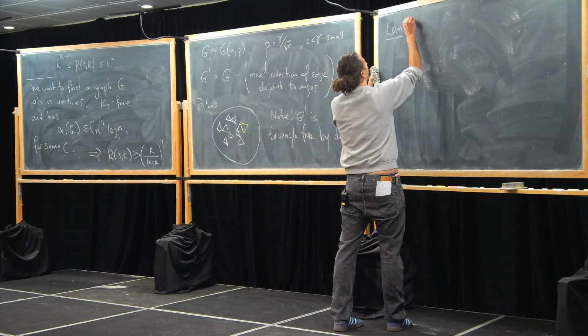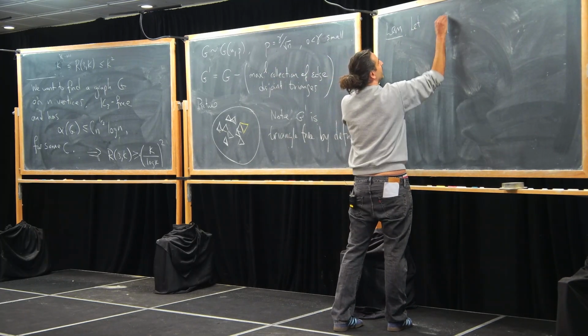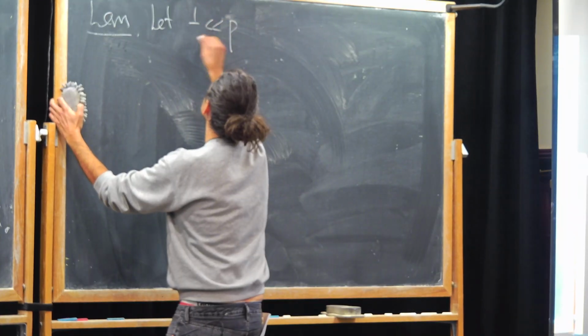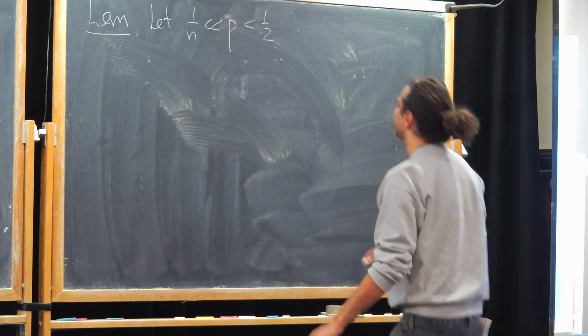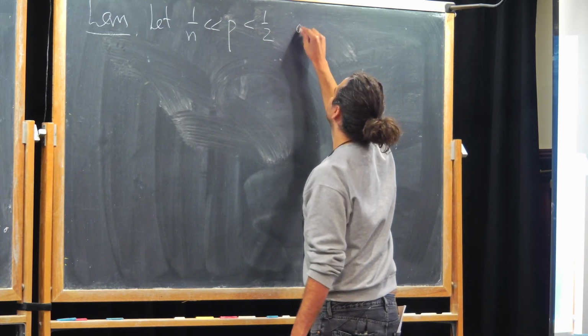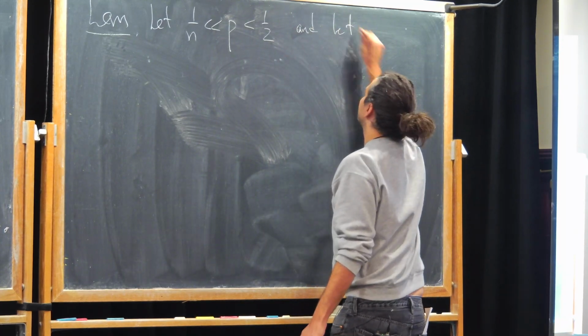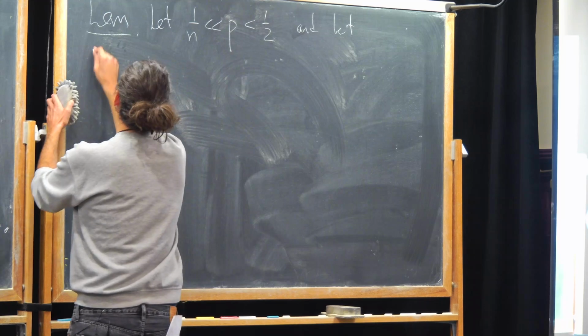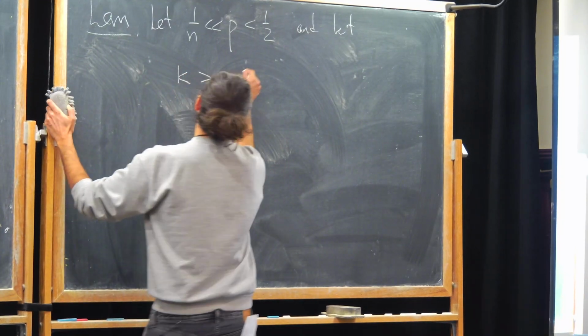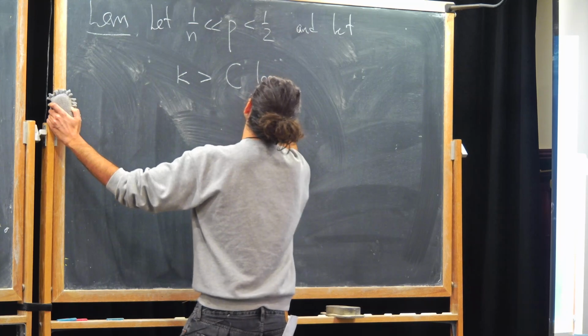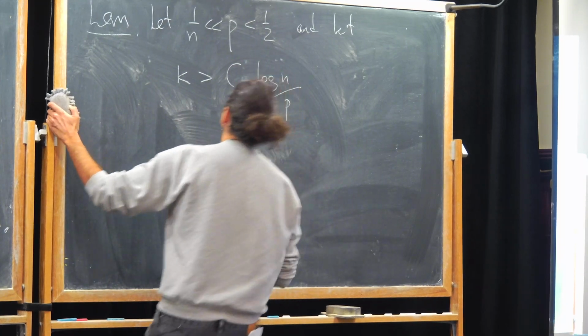Let p be much bigger than 1 over n, say bounded away from a half, and let k be bigger than some large constant times log n over p.